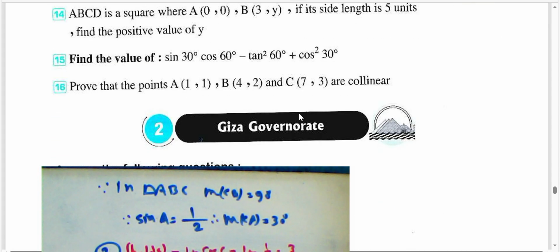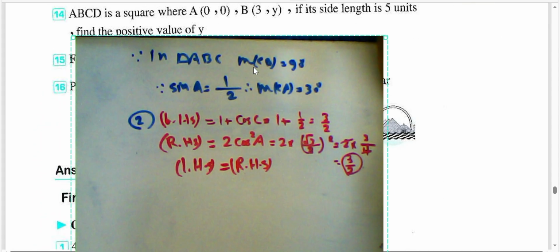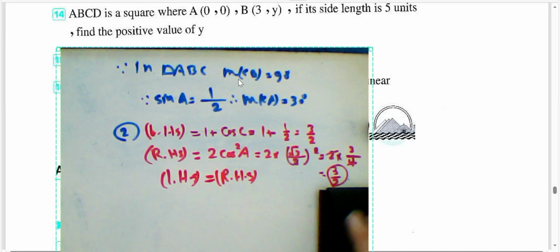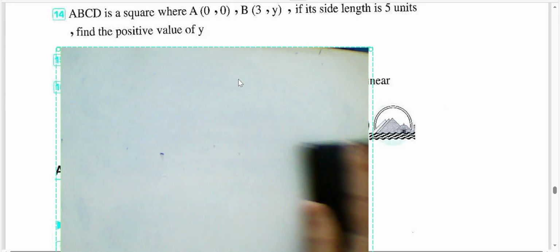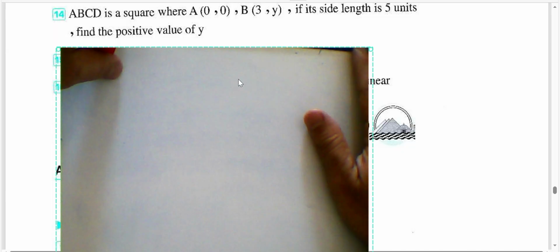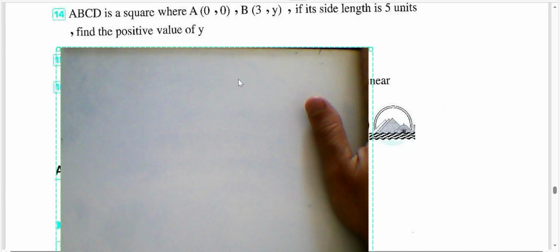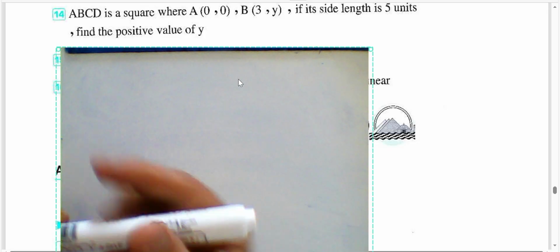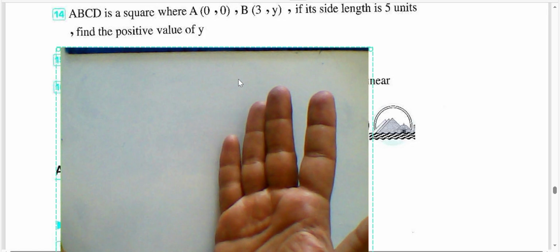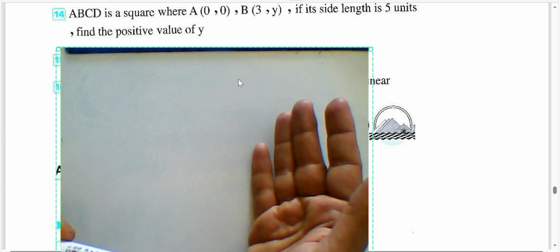Next question, number 14. ABCD is a square, where A is (0, 0), B is (3, y). If its side length is 5 units, find the positive value of y. Okay, he gives me the length. You can find the square root of the difference between y2 minus y1 power 2 and x2 minus x1 power 2.